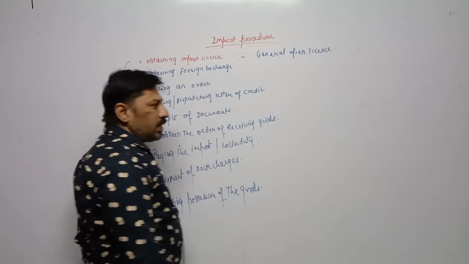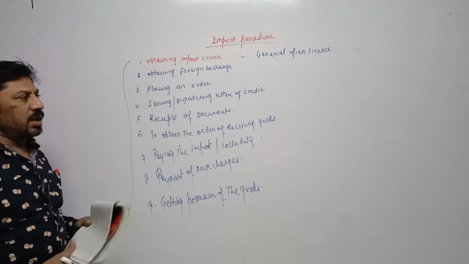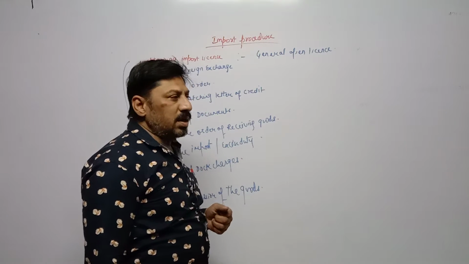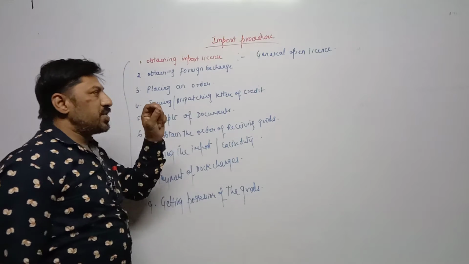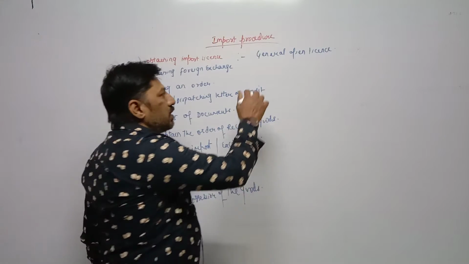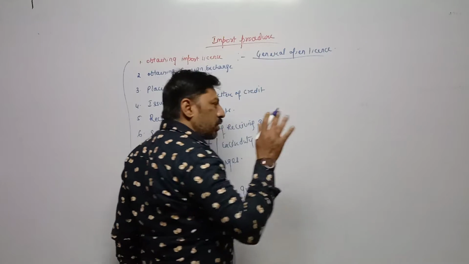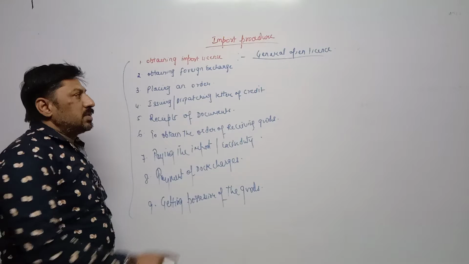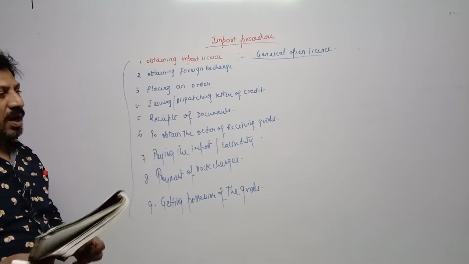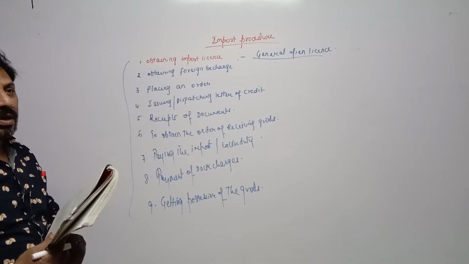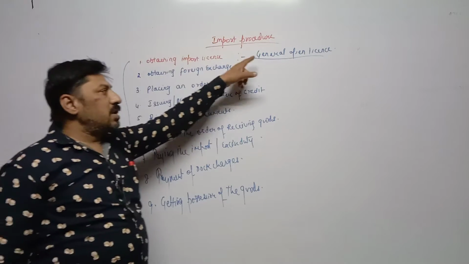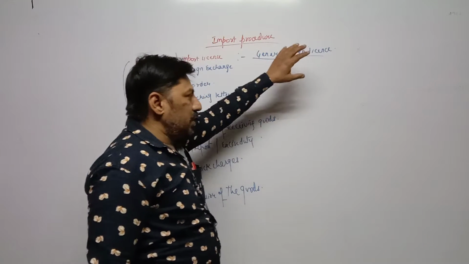If any business unit or any producer is importing goods from other country or other foreign companies which are in the list of government, then they need a simple general open license, which they already have.